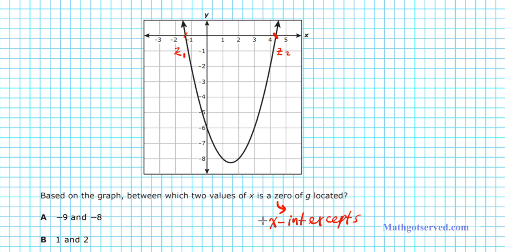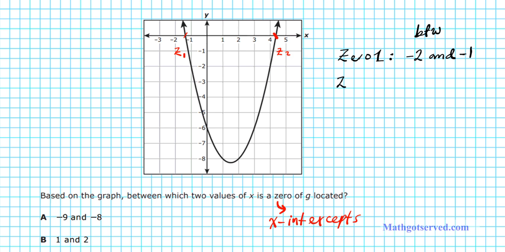So z1 is between what? It is between two numbers. What two numbers is it between? It's between -2 and -1. Does that make sense? The graph cuts the x-axis at some point between -2 and -1, for z1.